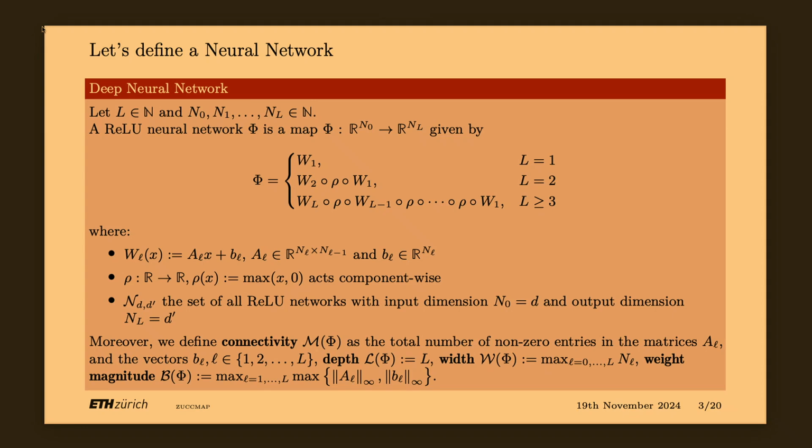Let's define the depth as the value L, so how deep the network you just drew is. The width as the maximum height of the neural network. And then the weight magnitude as essentially the absolute value of the biggest entry in the neural network matrices and vectors that define it.